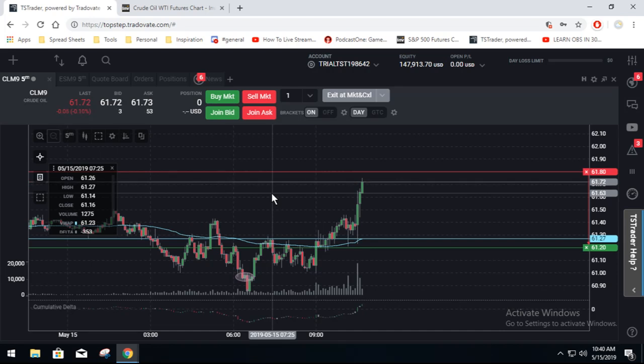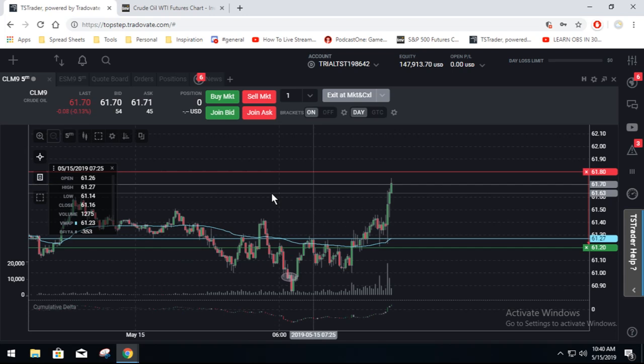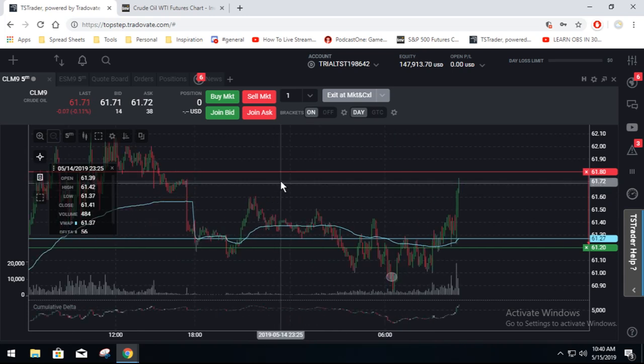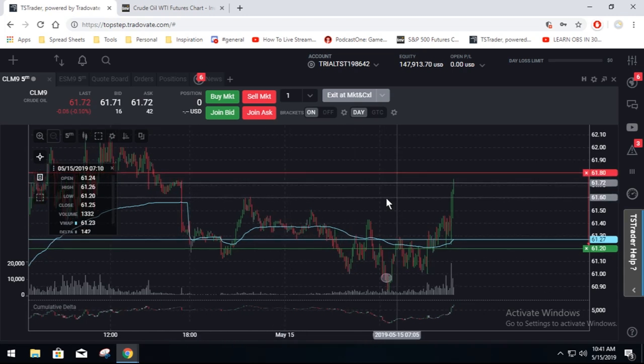Here's your aggressive entry at 75s. You can see why. Struggling there.